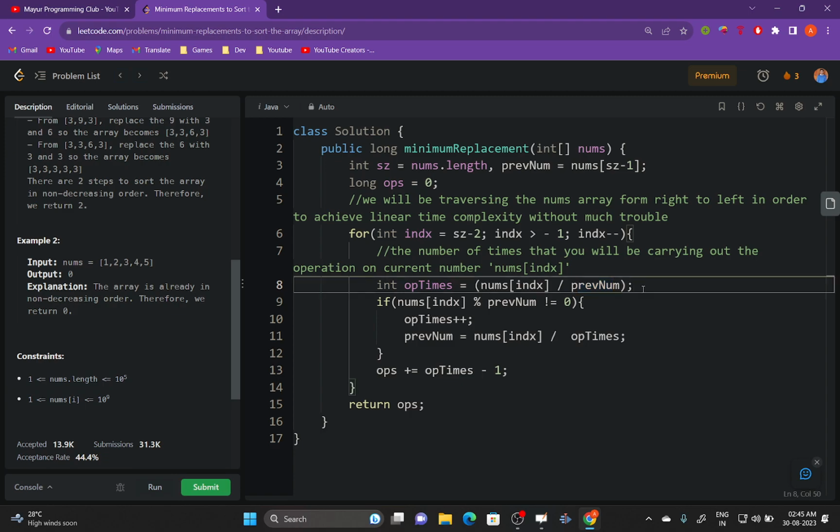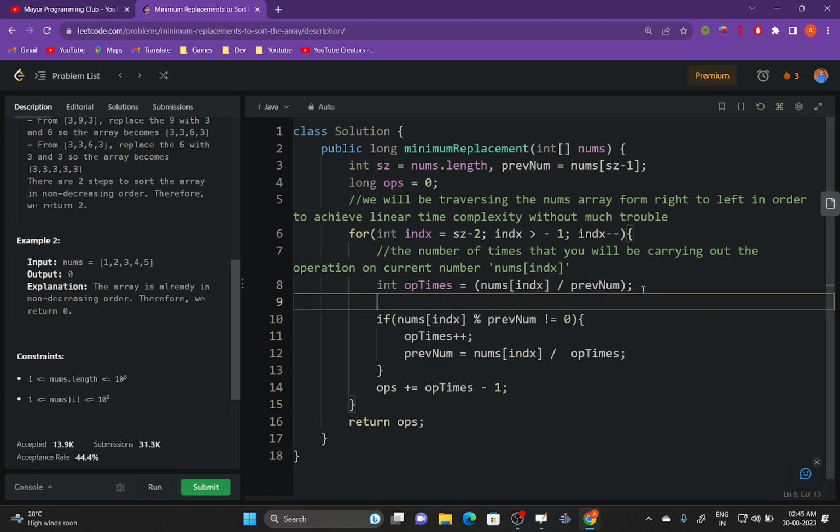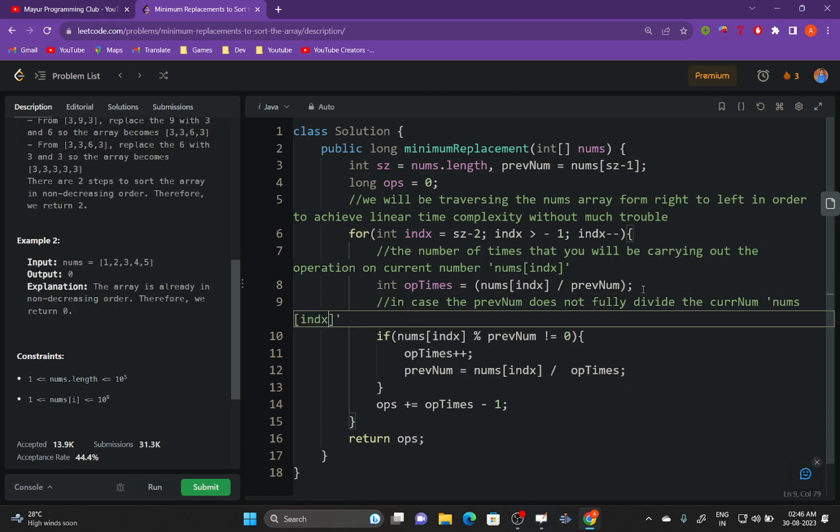So in case the previous number does not fully divide the current number, we increase the operation count by 1, and then we will change our previous number.